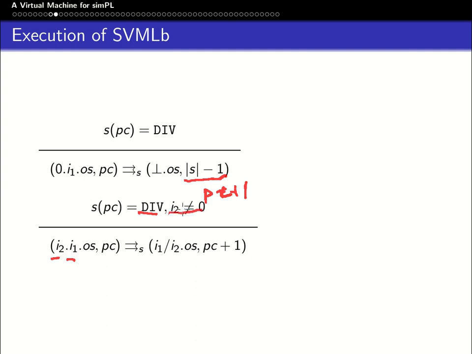This I2 is known to be non-zero. So then I1 divided by I2 is possible. So what we put in is I1 divided by I2, whatever else was in the stack stays there, and we move on to the next instruction.